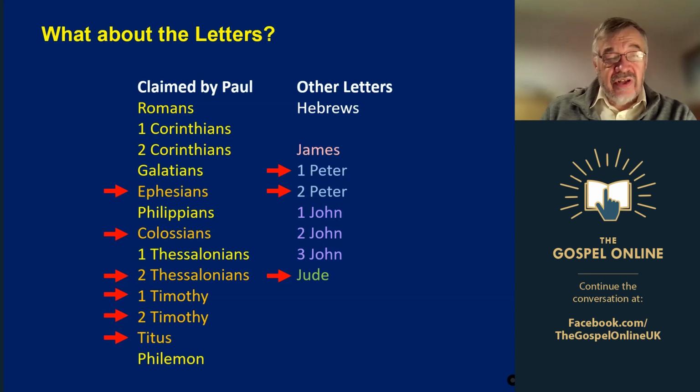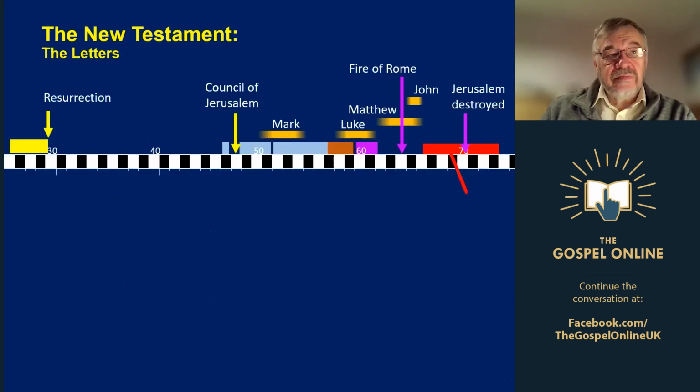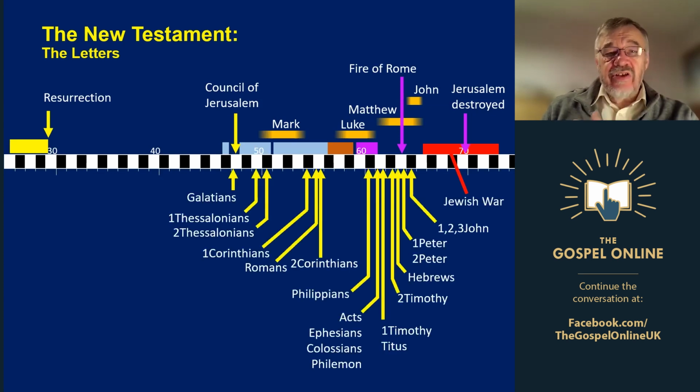What evidence is there that these letters were written by Paul the apostle or by the other apostles? Well, for me, the biggest thing is the way they fit into the narrative of Acts. If you look at the dates of New Testament letters, you can work out when they were written, usually to within a month or two. Occasionally, it's to within a year or two, something like the letters of John, somewhere between 65 or 66 AD.